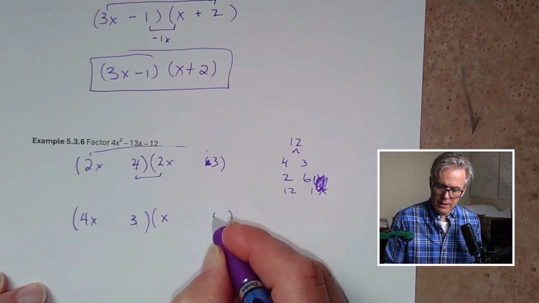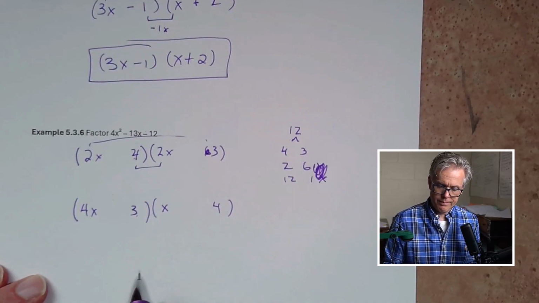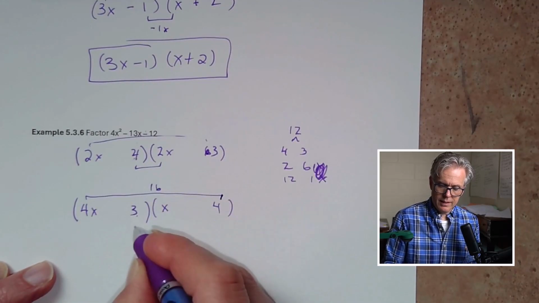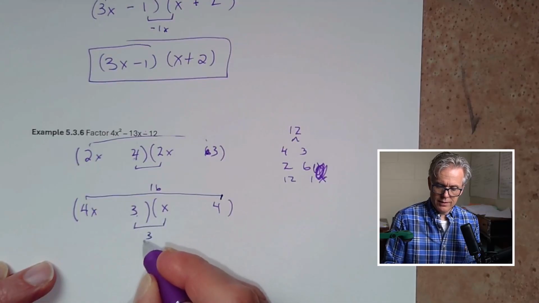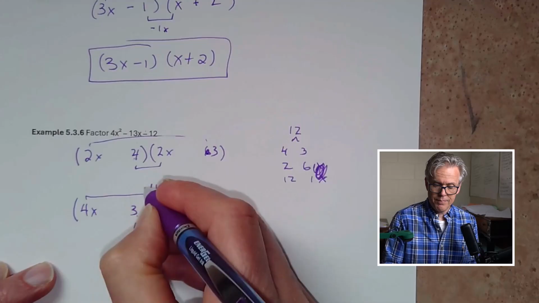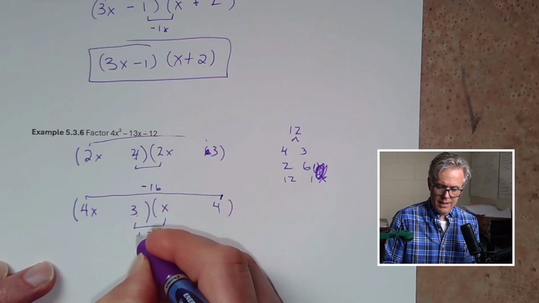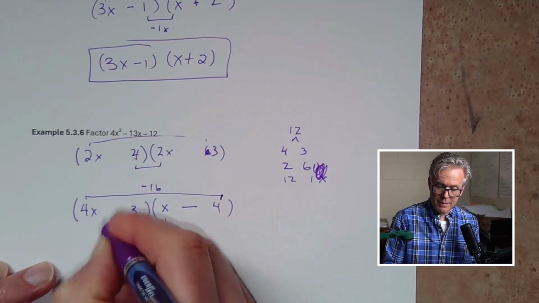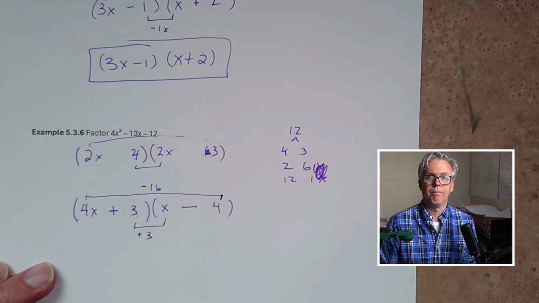So that could be a 3 and a 4. Okay, that might work, right? Because I've got 4 times 4 is 16. 3 times x is 3x. So how can I combine 16 and 3 to get a negative 13? If that 16 is negative and the 3 is positive. So make the 16 negative, that's got to be negative, that's got to be positive.